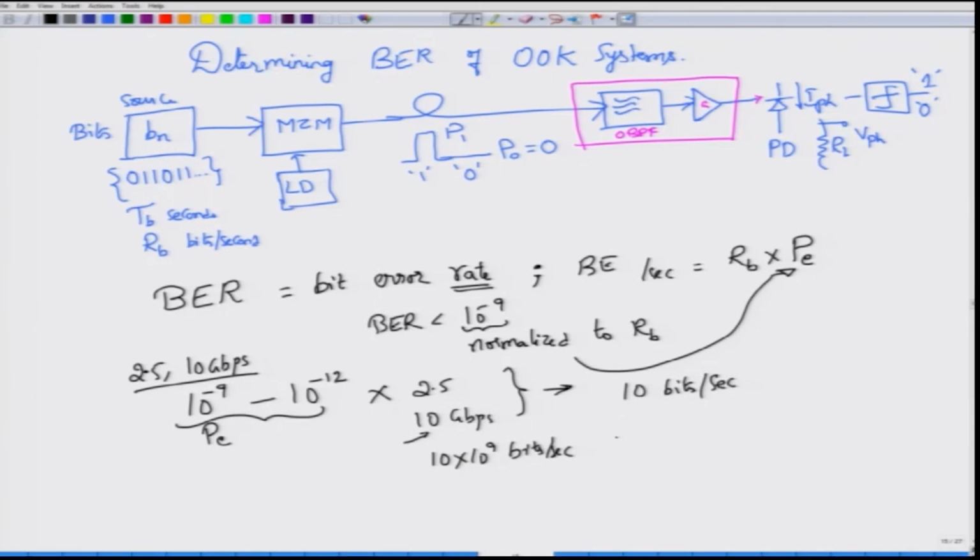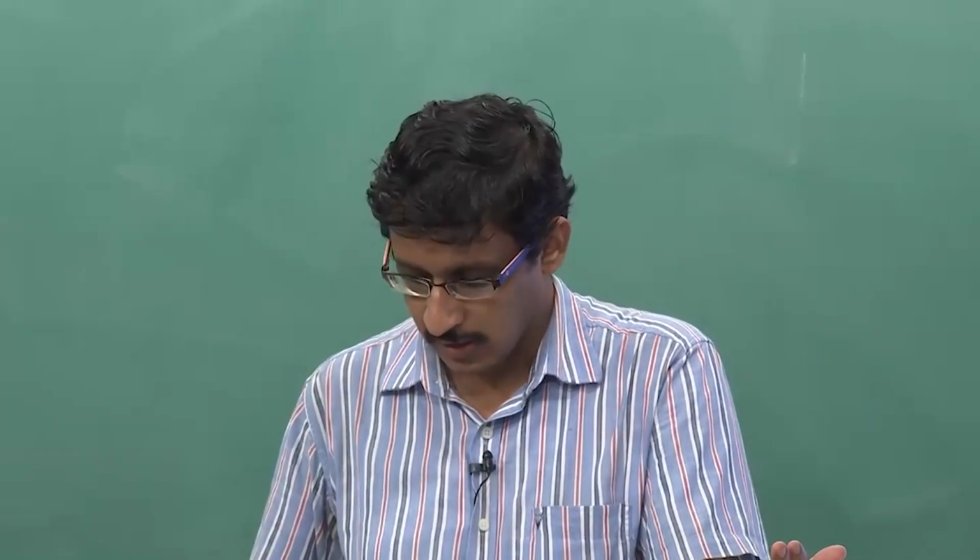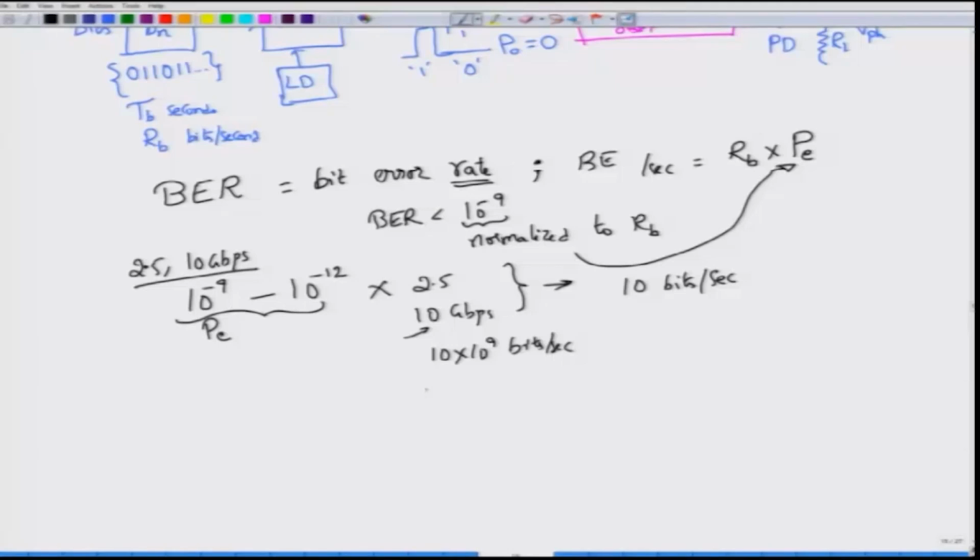Of course, this is not saying that exactly 10 bits will be in error; it is on an average. When you have 10 to the power minus 12, the errors per second will be even smaller: 10 to the power 10 times 10 to the power minus 12 is 10 to the power minus 2, which is 0.01 bits per second.